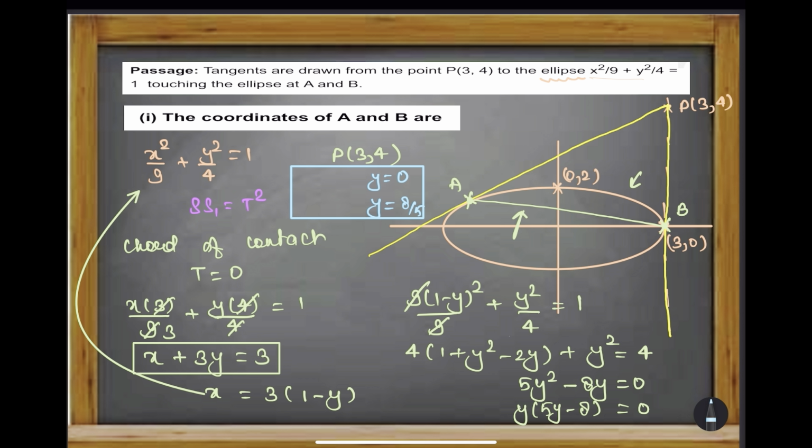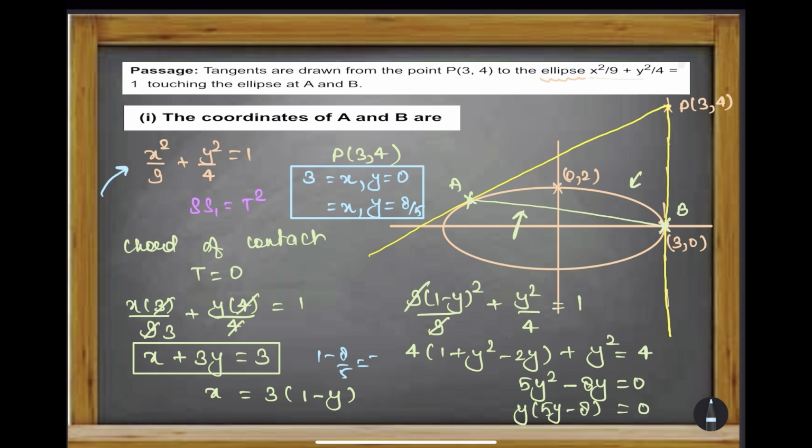Now suppose that y is 0. So in that case what will be the value of x? Okay, suppose that y is 8 by 5. So what will be the value of x? Now we can substitute the value of y in this curve as well as this curve. So I will choose this one because I don't want to find out squares. Okay, so if y is 0, then x is 3. If y is 8 by 5, so it is 1 minus 8 by 5.